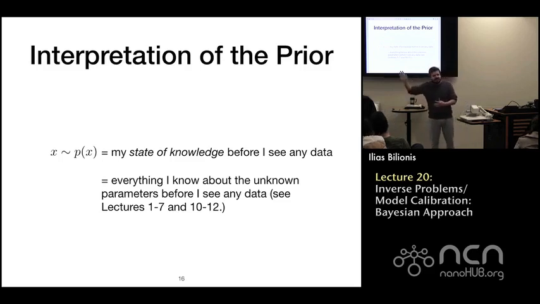Or maybe X is also the parameter of another model that you have calibrated already. So you could use the posterior of that calibration as the prior of this one, right? And so on and so forth. And of course, let's assume that the parameters X are finite, right? So if your parameter was really a function, you have used the Karhunen-Loève expansion, which we learned in lectures 10 to 12, to discretize it, right?